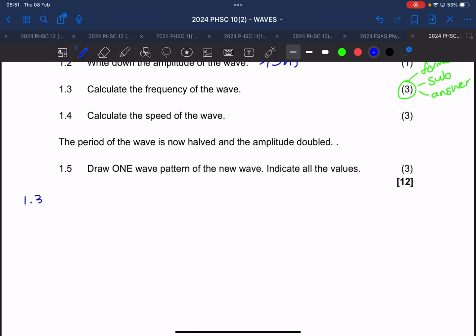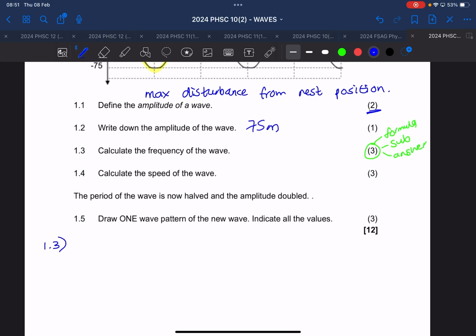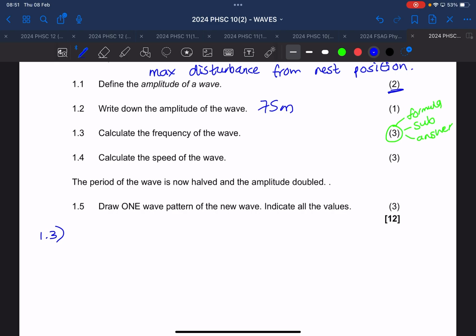How are we going to calculate the frequency? But you don't have v yet. The next question is calculate speed. So we do not have the speed yet. So we can't use that formula. Different formula.